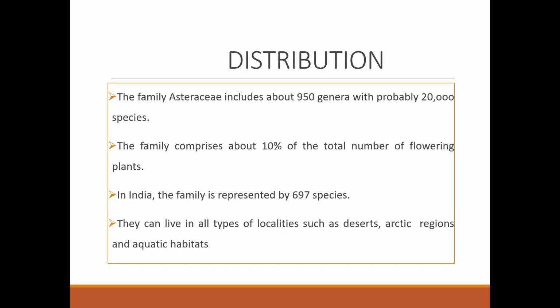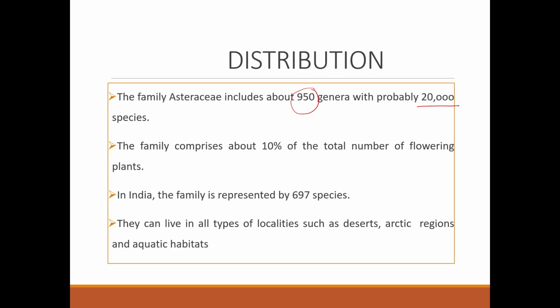If we see the distribution of this family, the family Asteraceae includes around 950 genera and around 20,000 species. So this is the largest family of the dicots.